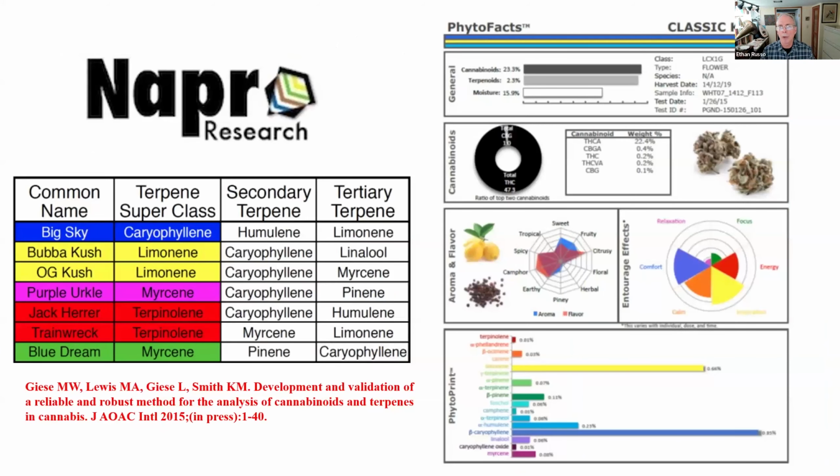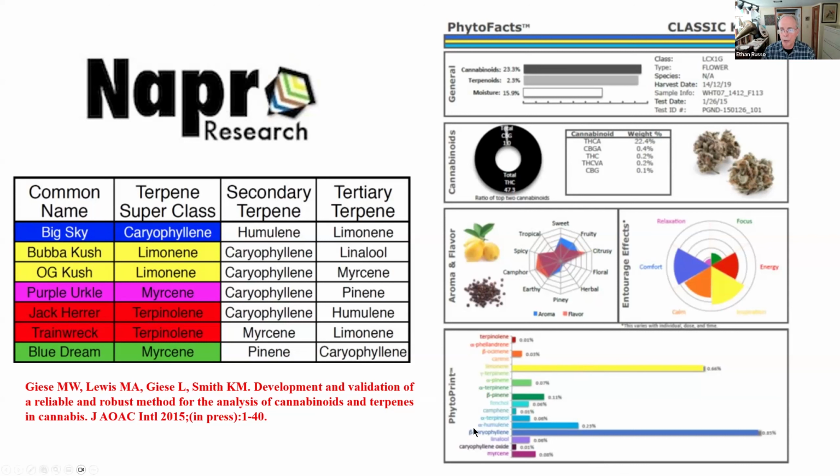So a very good way of typifying this can be done on one page, what's called Phytofacts, which was developed by Mark Lewis, PhD at NAPRO Research. From the top, you see the percentage of cannabinoids and terpenoids, the different ratios of the components, donut to show their proportions. Down at the bottom, very easy to understand concentrations of the 17 most predominant terpenoids in cannabis.